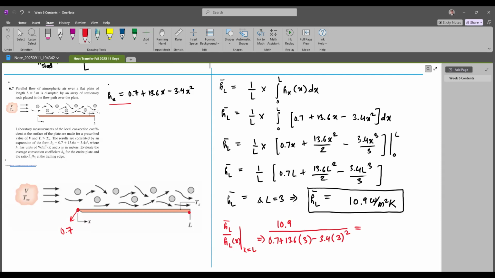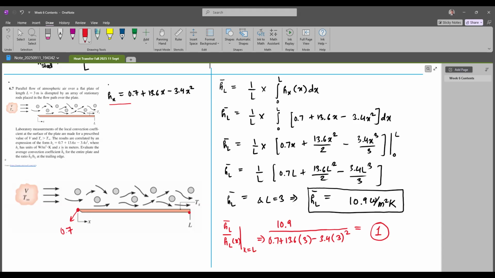And very luckily, in this case, this value turns out to be 1. This is very specific to this problem. This is nothing generalized. The equation which we had been given and the length of the plate which we had, because of all these parameters working out nicely, we get the value as 1.